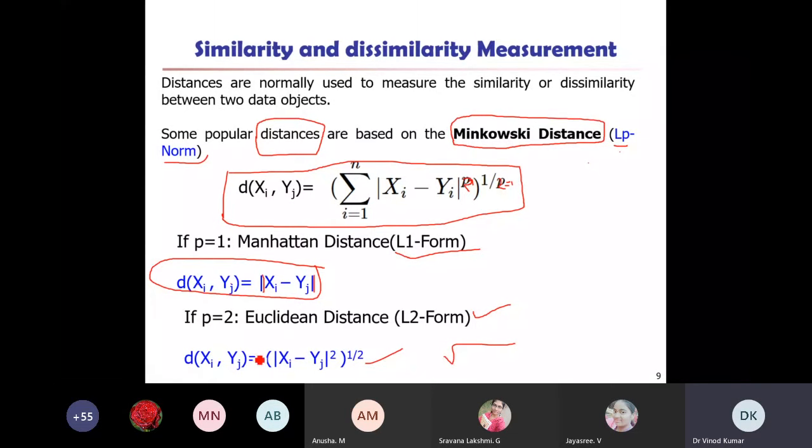So you can find the dissimilarity using these formulas. Whether you use this one or this one depends upon the type of clustering, your situation, and the variety of data. You can use any formula for measuring the dissimilarity.